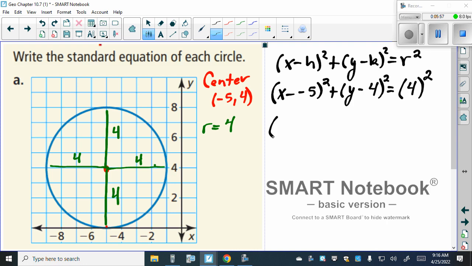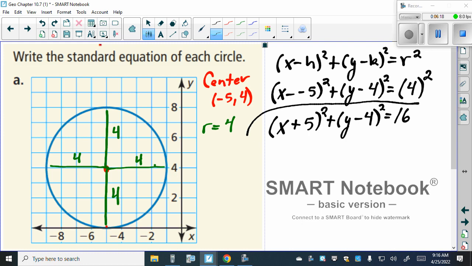Now we can simplify this formula a little bit, because if we subtract a negative, negative minus is going to be positive, so we have x plus 5 squared plus y minus 4 squared equals 4 squared. 4 times 4 is 16. So we'd get the equation x plus 5 squared plus y minus 4 squared equals 16.